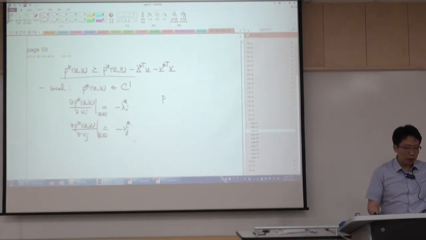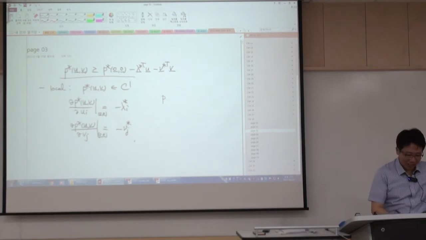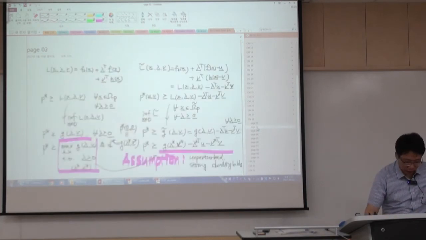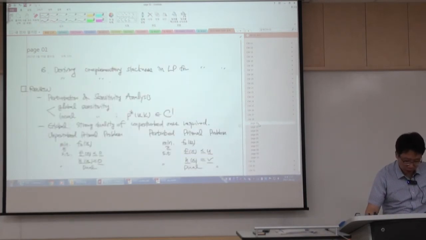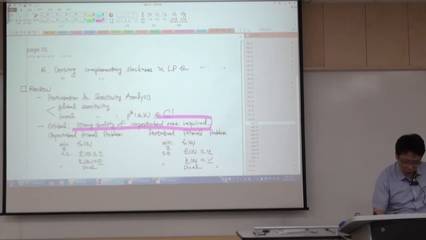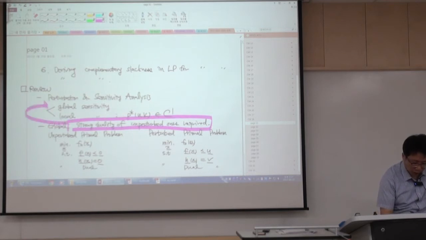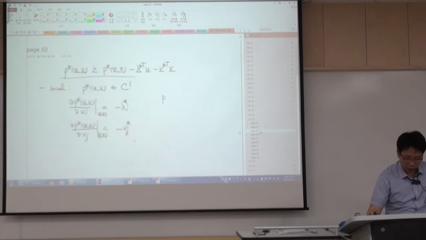So let me retract. The local perturbation sensitivity analysis also requires strong duality. So strong duality of the unperturbed problem is required for both. Okay, yeah, it's confusing. I'm sorry about the confusion.